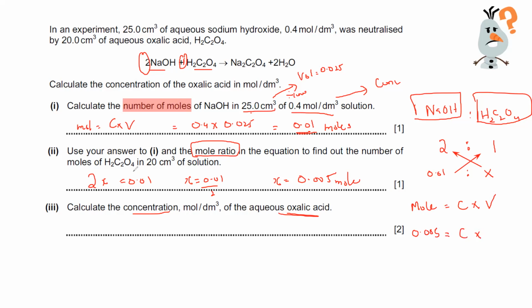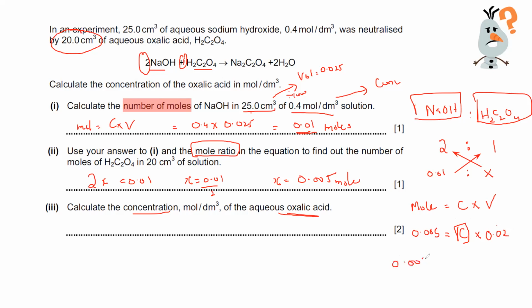And what is the volume of oxalic acid? It is 20 cm cube, which should be in decimeter cube. So divide by 1000, and it will be 0.02 decimeter cube. We need the concentration. If volume is multiplied on one side, on the other side it will divide.